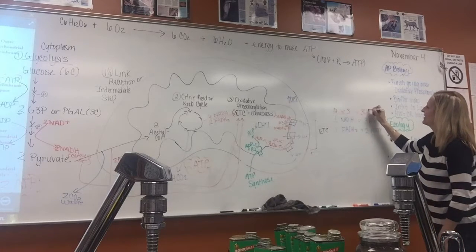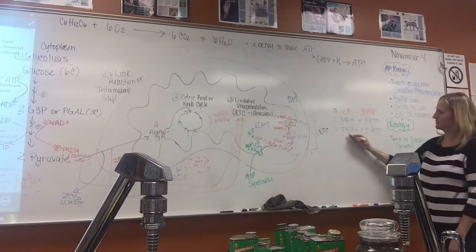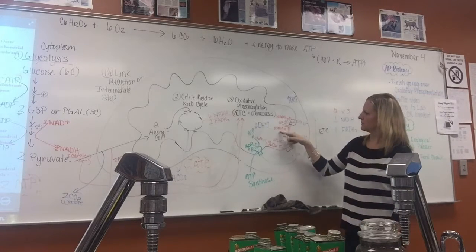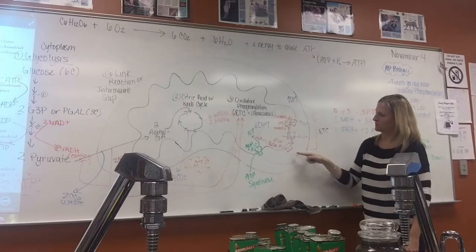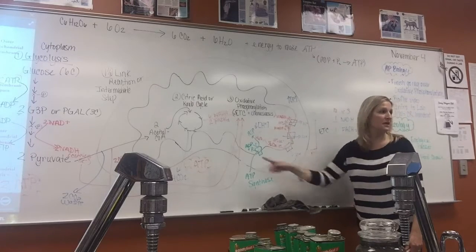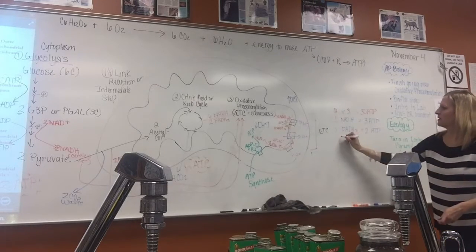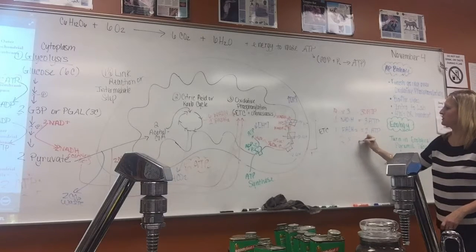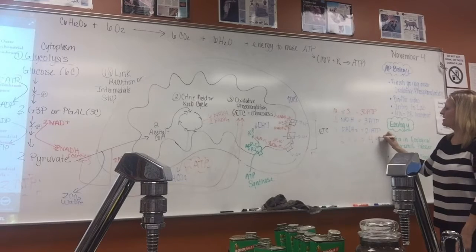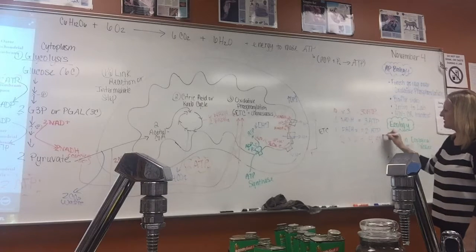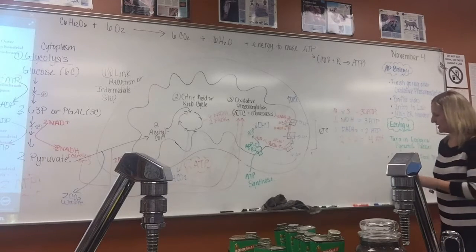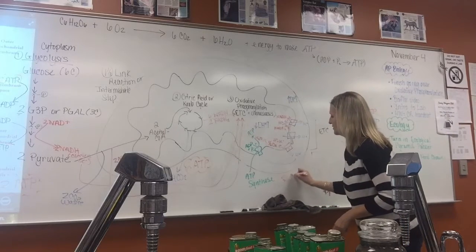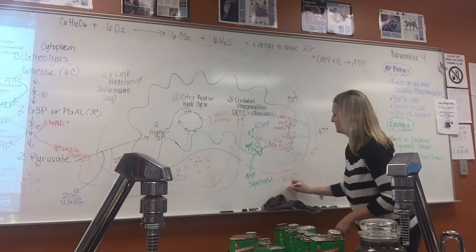And then for the 2 FADHs, they pump through the hydrogen ions. How many hydrogen ions do they pump? 2. And therefore, they make 2 ATPs each, or 4 ATPs. So therefore, total, we add these together, and so we can add to our picture that this third step is 34 ATP.